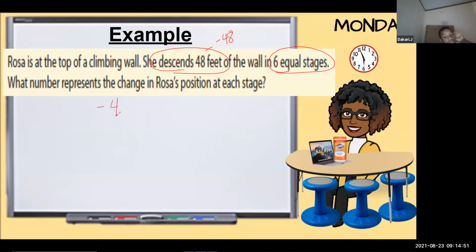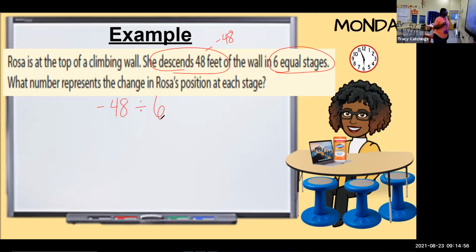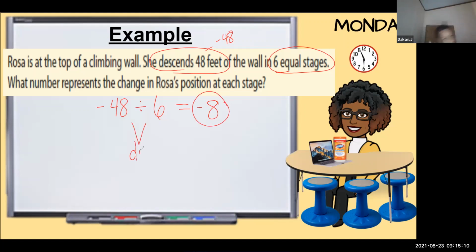That is division. So we would do negative 48 divided by 6. What is 48 divided by 6? 8. We got one negative, so that means 8 would be what? 8 negative. Good job. Different signs.